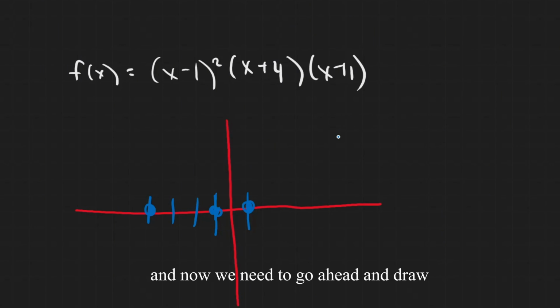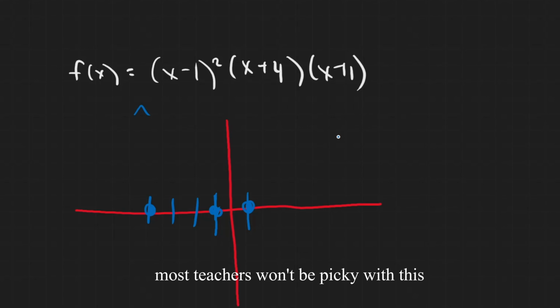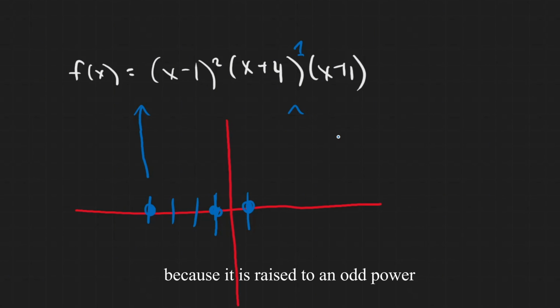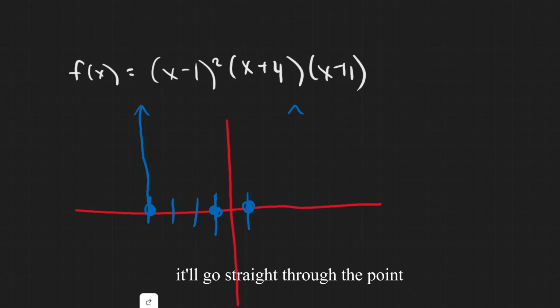And now we need to go ahead and draw the general shape of the graph. Most teachers won't be picky with this as long as you have the end behavior, the x and y intercepts correct. So we'll go ahead and go through negative 4 because it is raised to an odd power, and when anything is raised to an odd power, it'll go straight through the point.